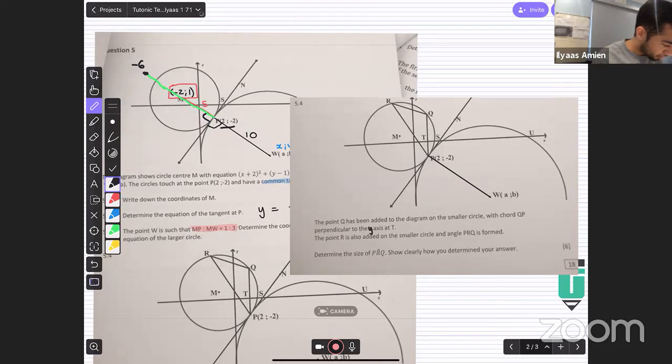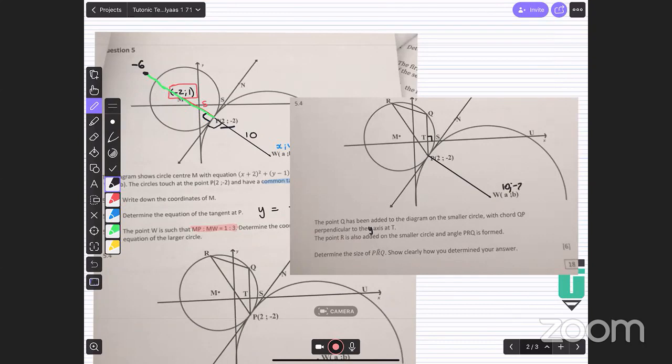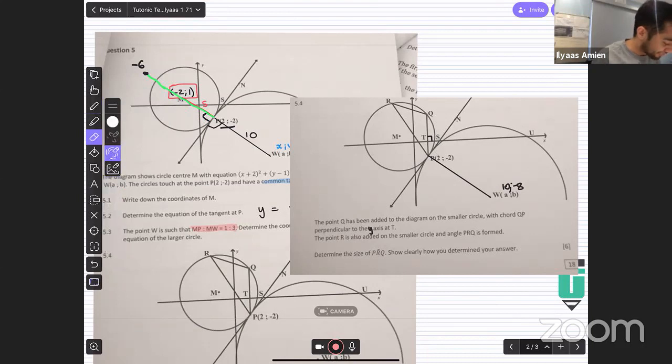It's a mistake there. Oh, did they say perpendicular? Sorry, I thought I said parallel. Not parallel. But it's still going to be 90 degrees.